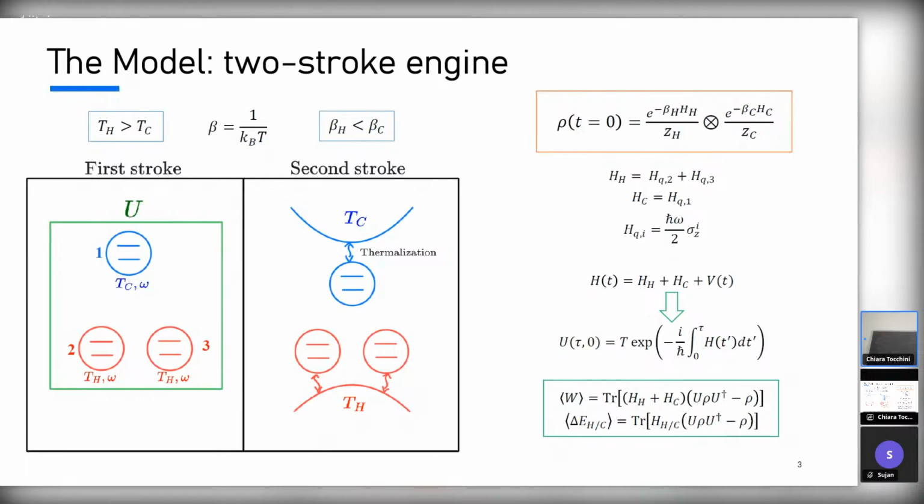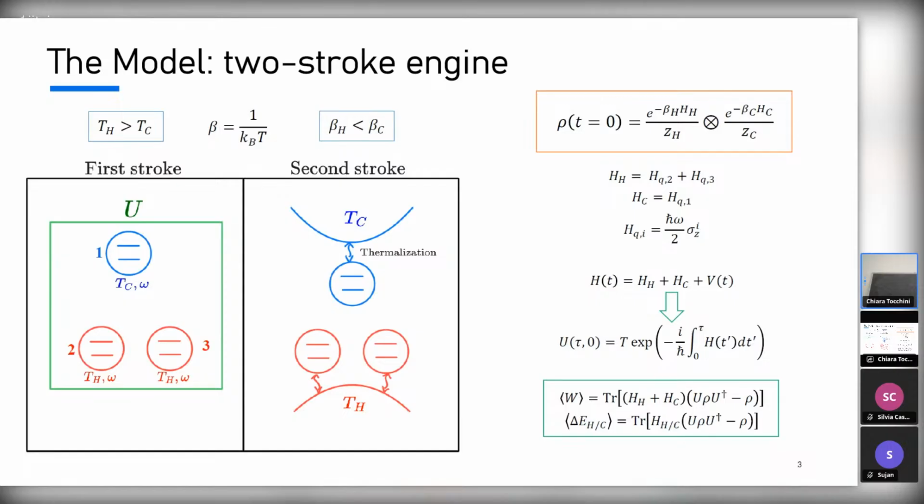All the 3 qubits share the same frequencies, and they are all initialized in a thermal state. So that the initial state of the bipartite system is the tensor product of the 2 subsystem Gibbs states.